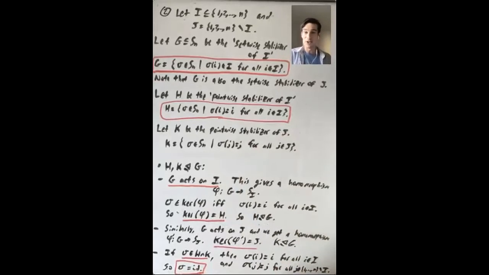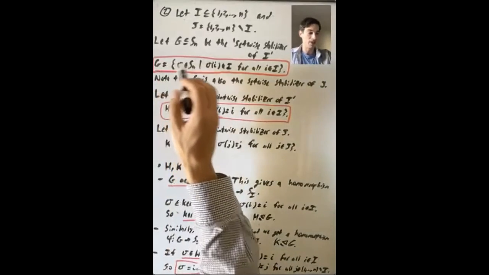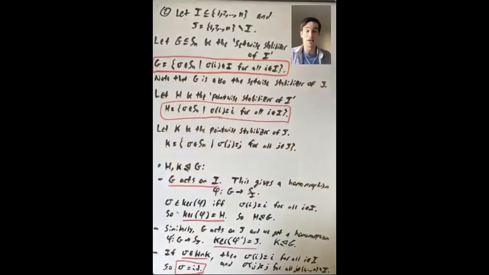Okay, same idea for J. Elements inside of G permute around the elements of I, but they also permute around the elements of J. So G acts on J, and we get a homomorphism that takes in an element of G and outputs a permutation of J. So exact same idea as before. What is the kernel of this homomorphism?